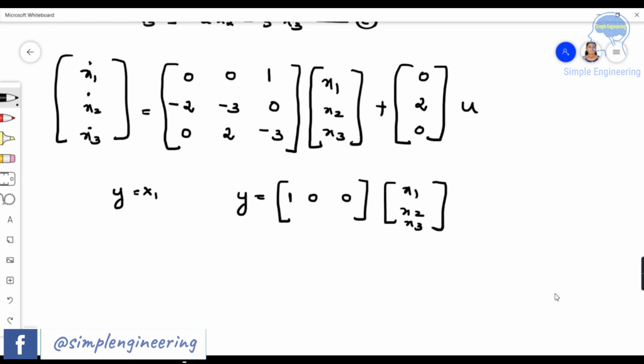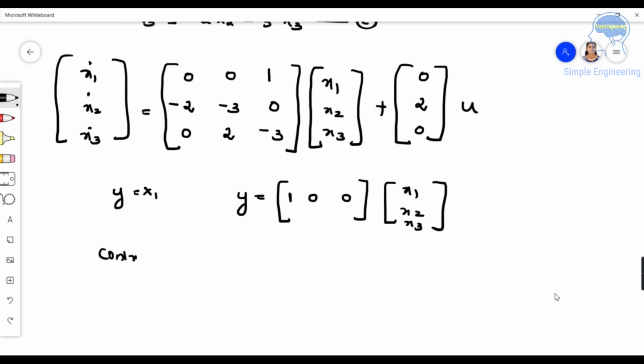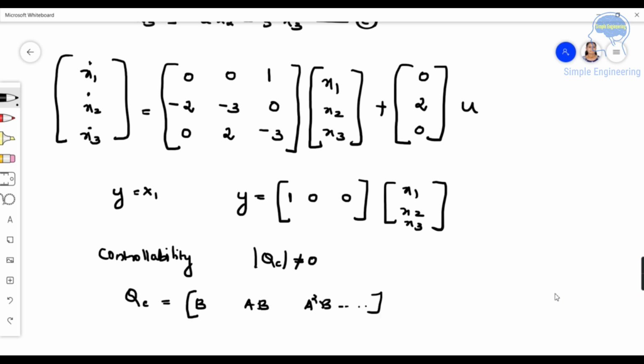Next we have to find the controllability and observability. So we can find controllability by using Kalman's method. In order to find the controllability, we need QC should not be equal to 0. So Kalman's test, QC is equal to B, AB, A square B, etc. Like that you have to find.